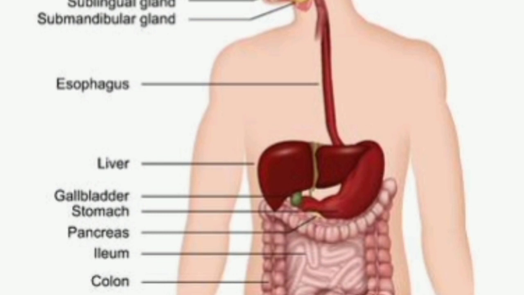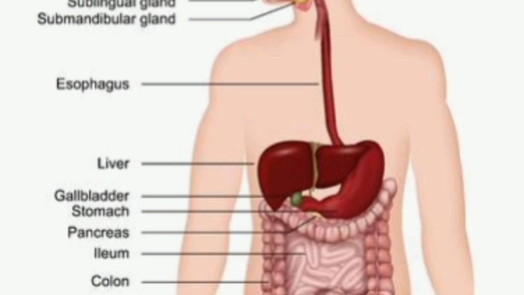First, we have to understand that whatever food we are taking, we take in through the mouth. Inside the mouth we have the salivary glands, and there are three salivary glands. One is the parotid gland, which is situated near the left and right earlobes, another one is the sublingual gland, and the next one is the mandibular gland.